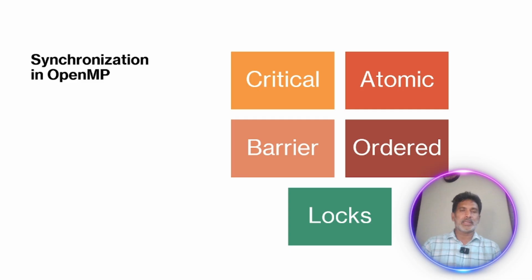The common synchronization techniques include locks, that is a mutex, barriers, critical sections, and atomic operations. Synchronization is essential in parallel programming to maintain data integrity, avoid conflicts, and ensure correct execution when multiple threads share resources.